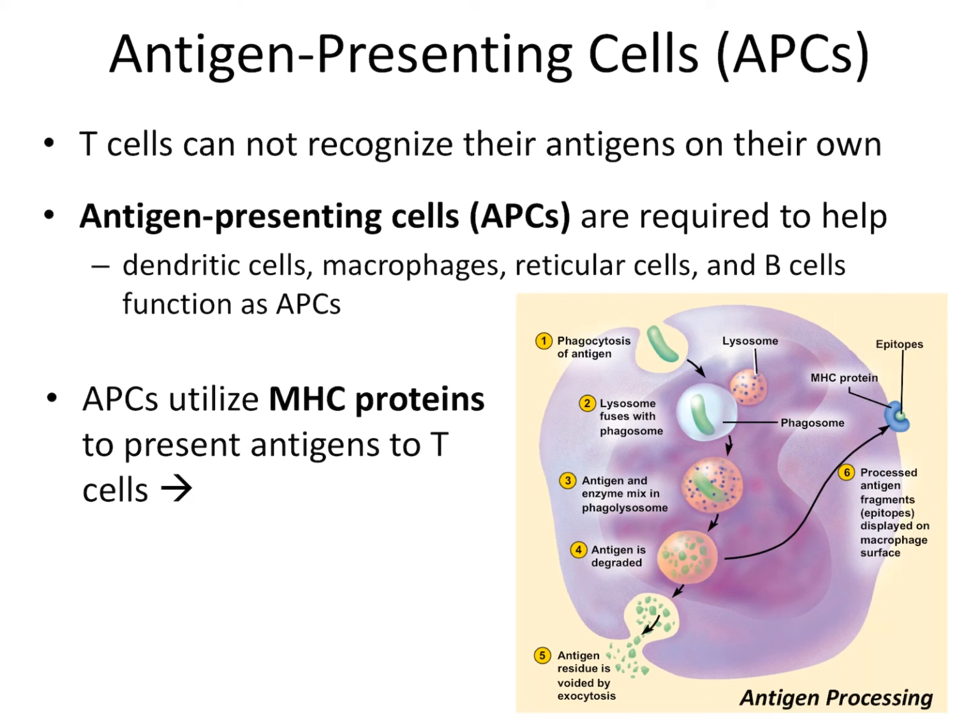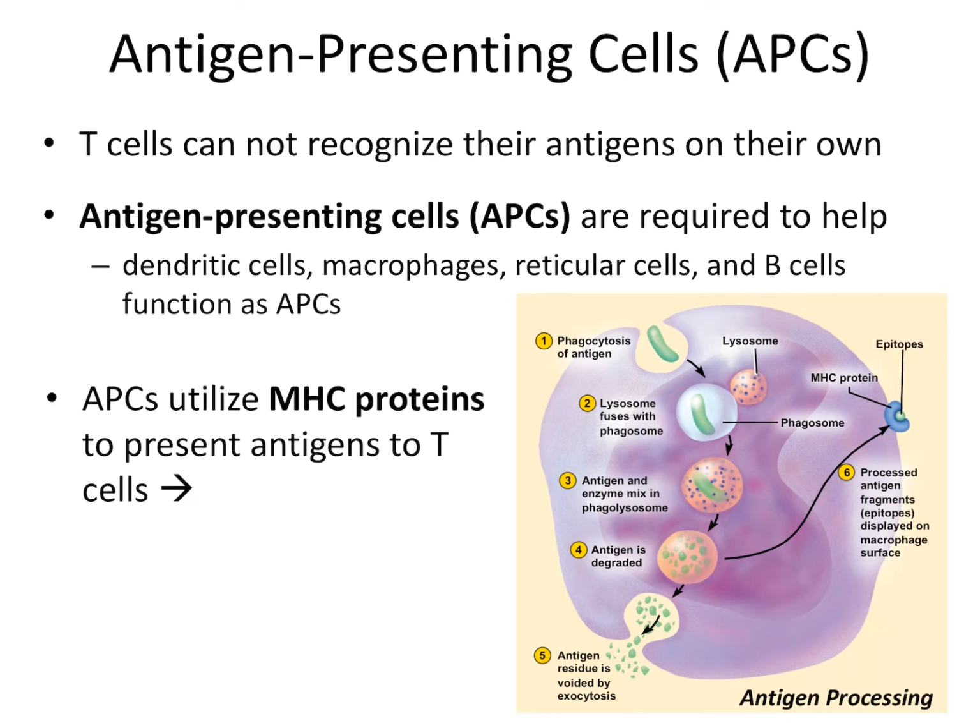Okay, we have one last little topic to cover before we get to the specifics of cell-mediated and humoral immunity, and that is the function of antigen-presenting cells. Recall that our T cells usually cannot recognize antigens on their own.